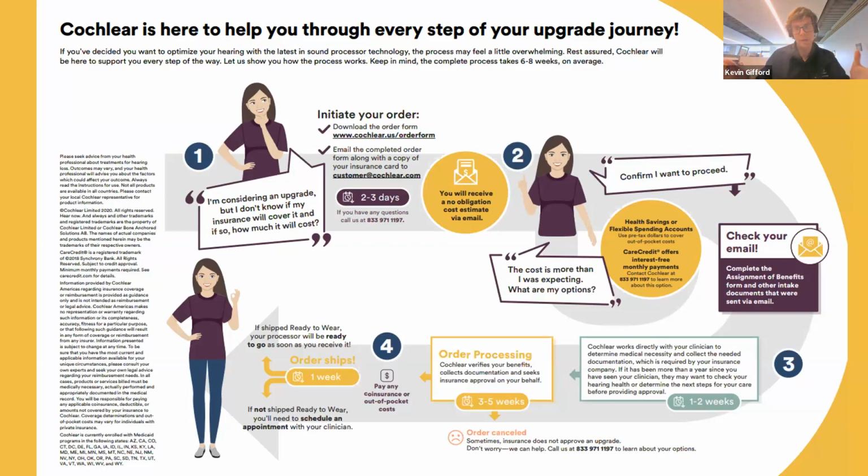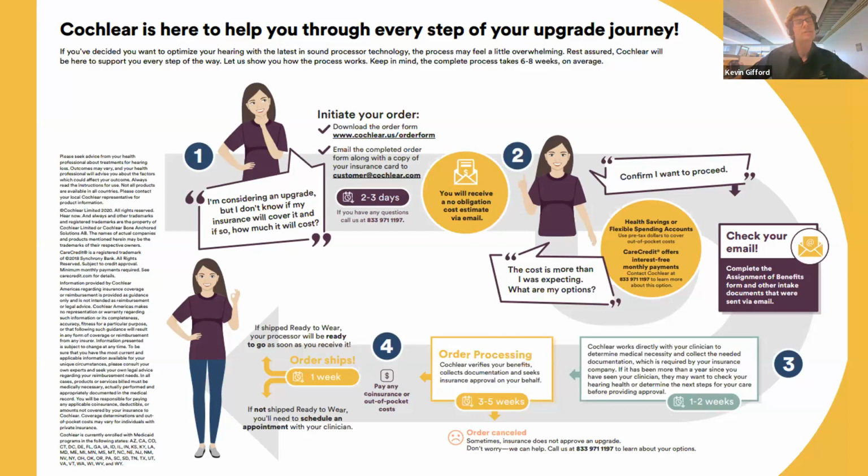And we are the experts here, the Upgrade team, with insurance, so we are more than happy to help. But that assignment of benefits is very important because we need you to give us the okay to work with your insurance and bill your insurance. So once we collect the order form and the assignment of benefits, your order will be booked.